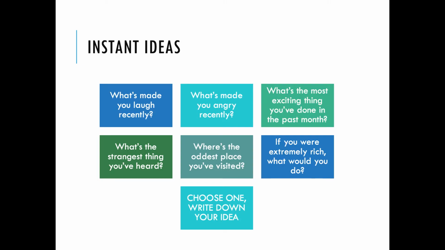So, instant ideas, and we're going to give this a go in the seminars. Have a look at these and pick one and then write down your idea. This is a very quick activity, and you just choose one of these and write down a really vague idea. And then you can come back to it. It's all about generating ideas.